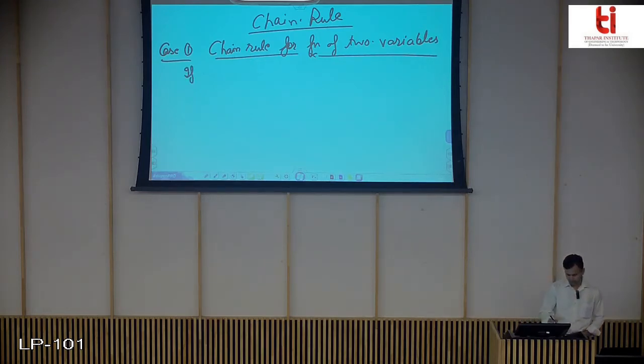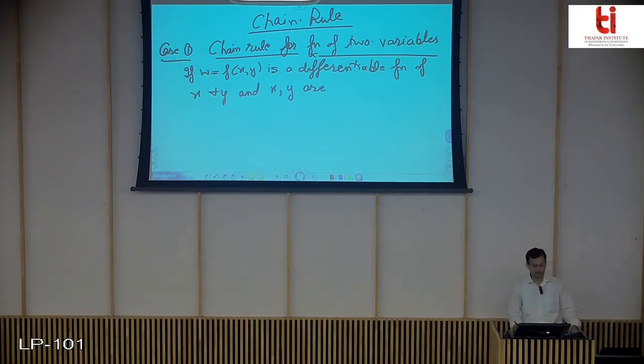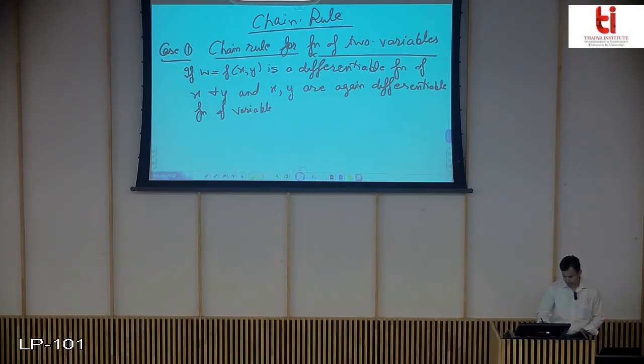So let us start with a simple one: say w equals f(x,y) is the first case of chain rule we are considering. w = f(x,y) is a differentiable function of x and y, and x and y are again differentiable functions of variable t.